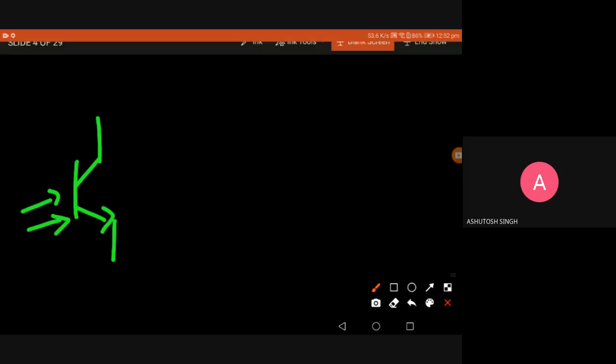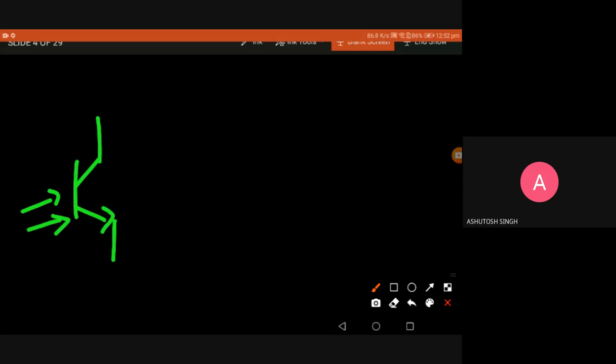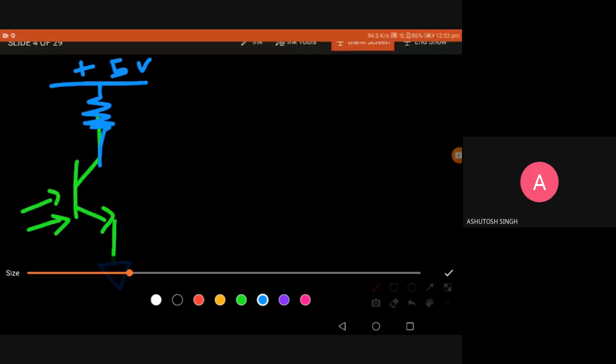So what will I do for making a NOT gate? Now I'm going to design using some experience. I'm using a 5-volt supply and a resistor. Now I connect a ground at the emitter of my photo transistor. Now I'm going to connect a motor.